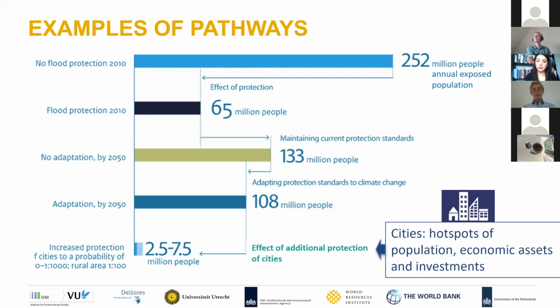So this is only an example, and we hope that in the future, and that will be by 2023, we will have, for the flood risks and coastal areas and deltas, pathways showing how the flood risks in the world could develop under different choices of scenarios.